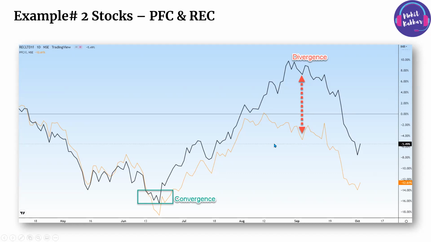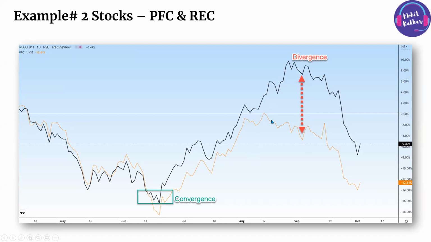So my question is, for example, if we are on, say, the 12th of September on the x-axis, if you go a little left, at this point in time we do not know the future chart.